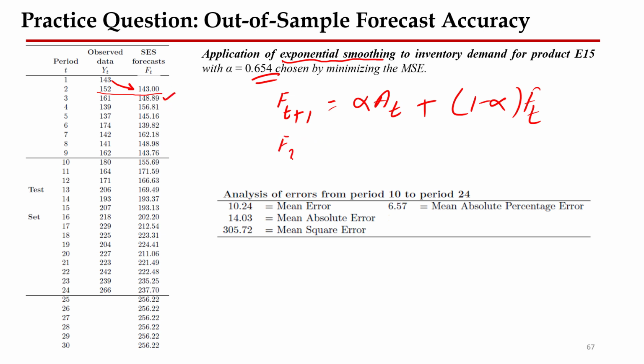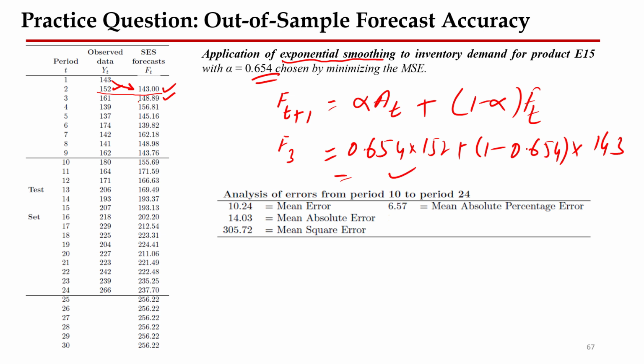The third period forecast is 0.654, the value of alpha, multiplied by the actual demand of period 2, which is 152, plus 1 minus 0.654 multiplied by the forecast value of period 2, which is 143. After solving it, we get this value.